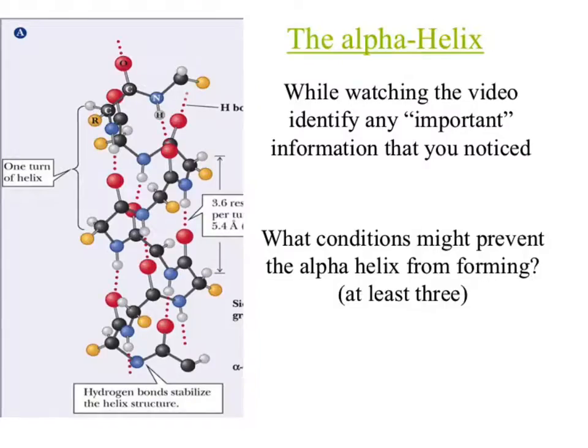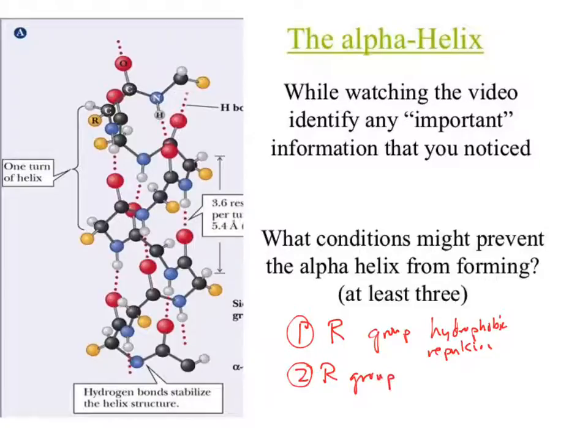So I'll write down the two things we can get. Our group, we'll call it hydrophobic repulsion. And then we have our group, electrostatic. So that's our similar charges repulsion.